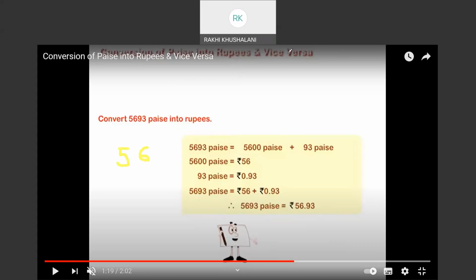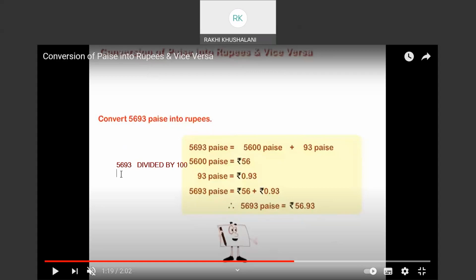I'll use text here, it's a brighter color. So 5693 can be written as divided by 100.